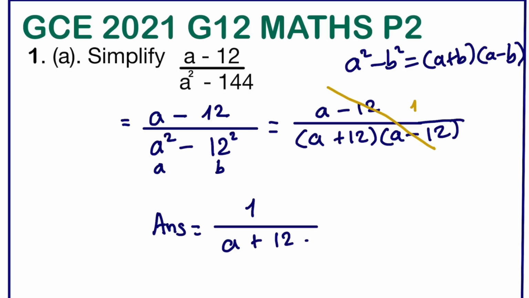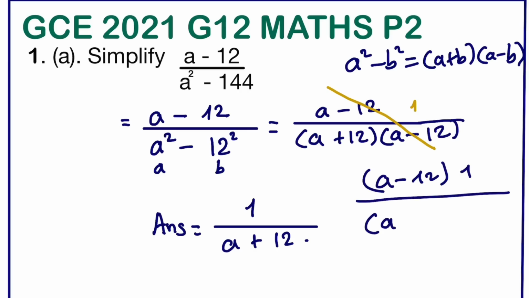The reason why this cancels is because a minus 12 is the same as a minus 12 times 1, and a number times 1 remains the same, and here we have a plus 12, a minus 12. So this and this will cancel out, and we'll be left with the 1.